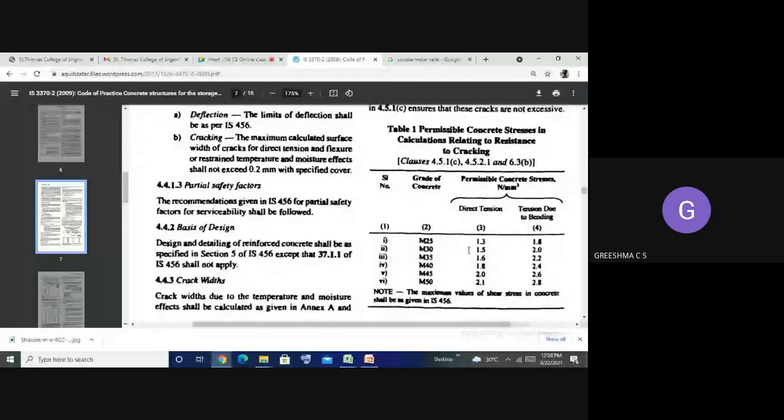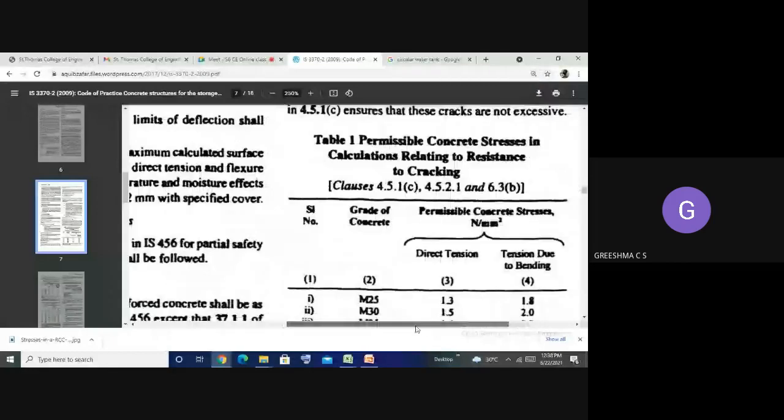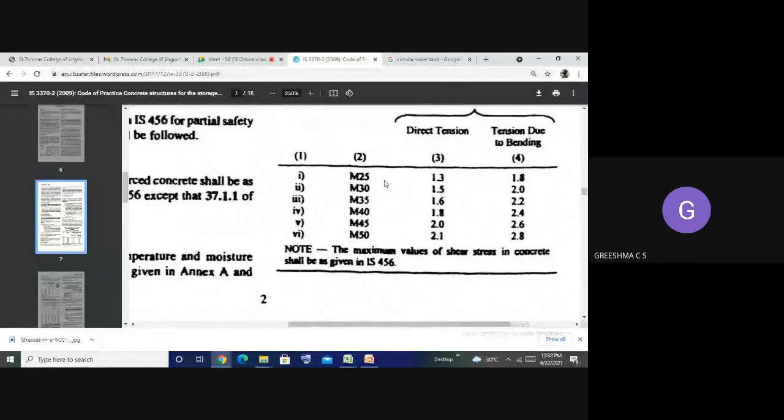For the M30 the direct tension value is 1.5 and tension due to bending value is 2 Newton per mm square. Okay, these two values, 1.5 and 2 Newton per mm square.